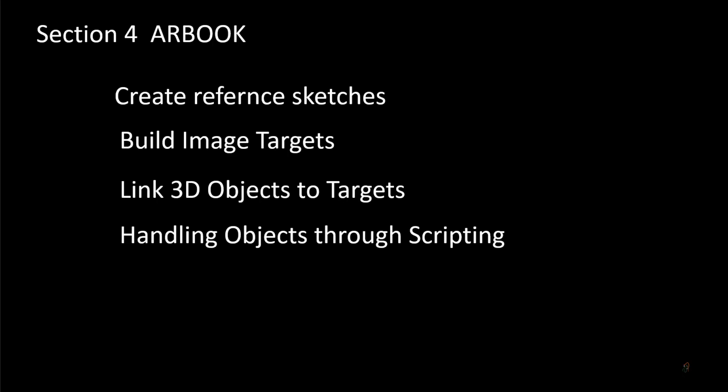In this case, we will also learn about scripting and how to control game objects through scripts. All this will be covered in the app that we call the AR book. Sorry, this will be the second app. So this we call the AR book.